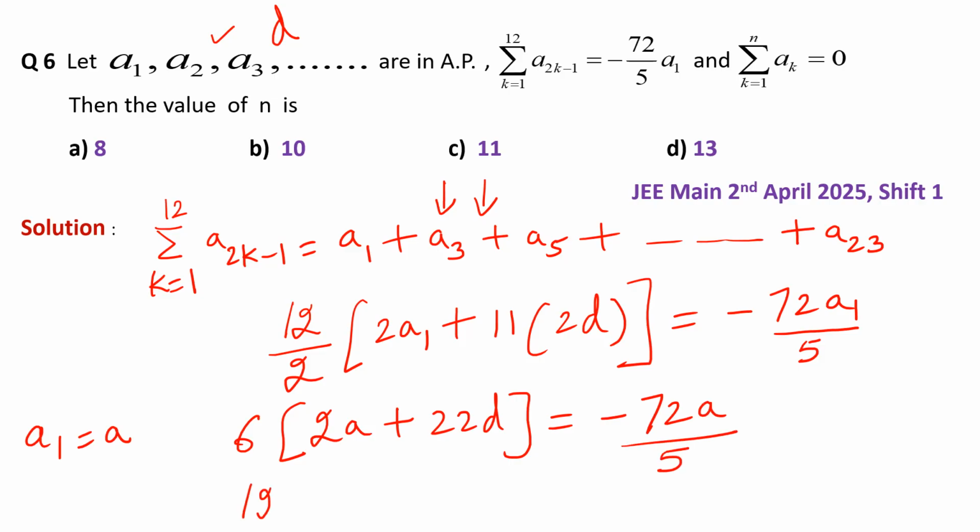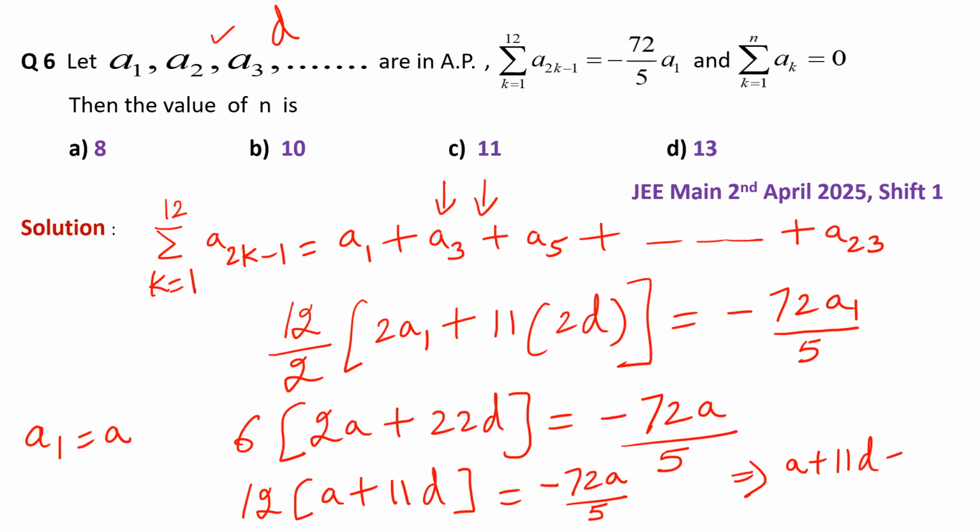Now this becomes 12 times a plus 11d equal to minus 72a divided upon 5. Now divide both sides of this equation by 12. So you will get a plus 11d equal to minus 6a divided by 5.